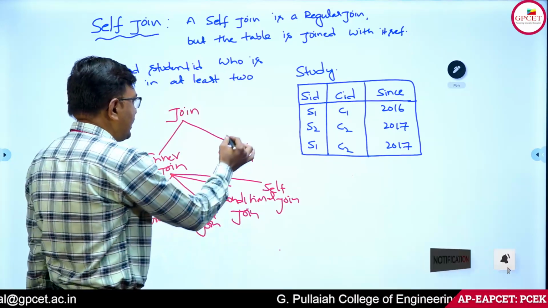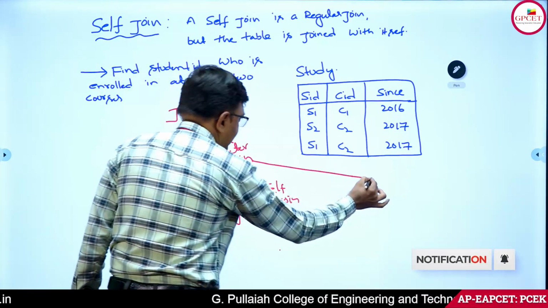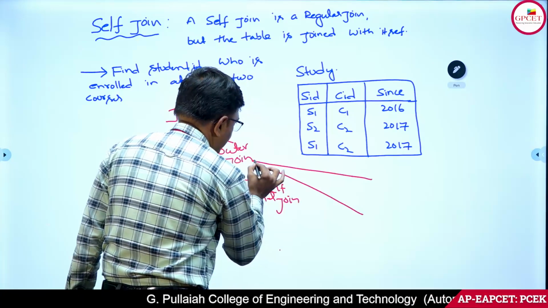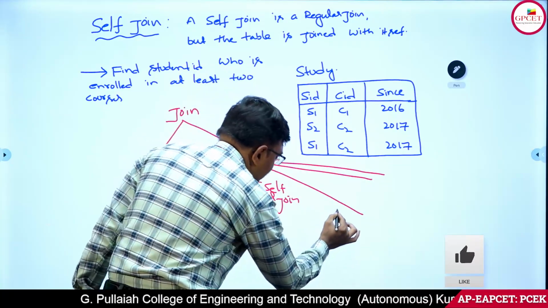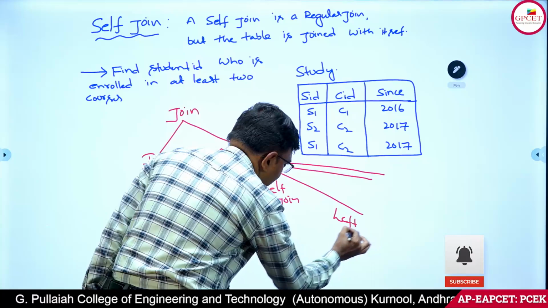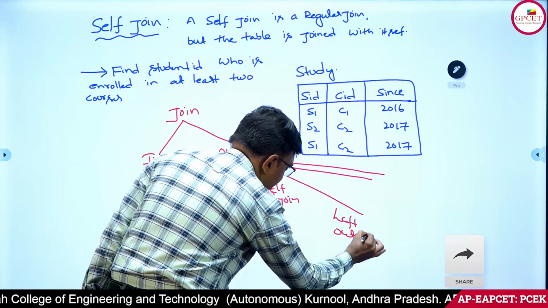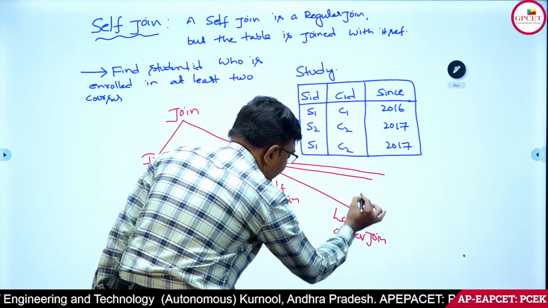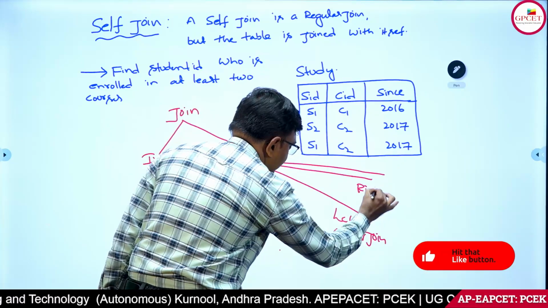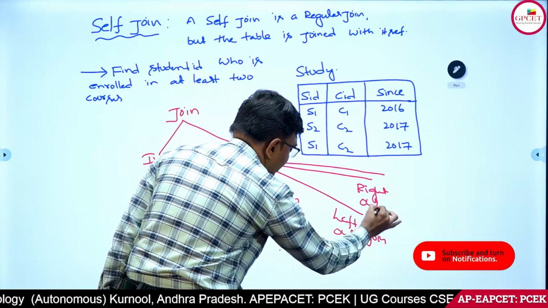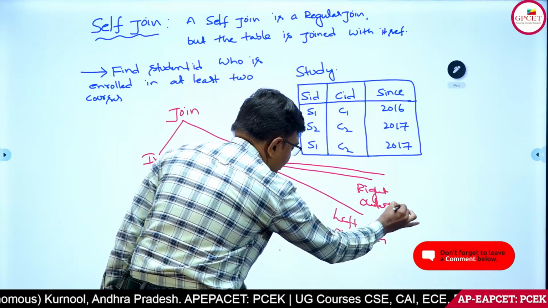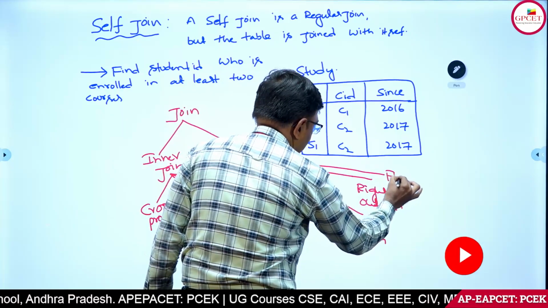Outer join again has three types. One is a left outer join, right outer join, full outer join.